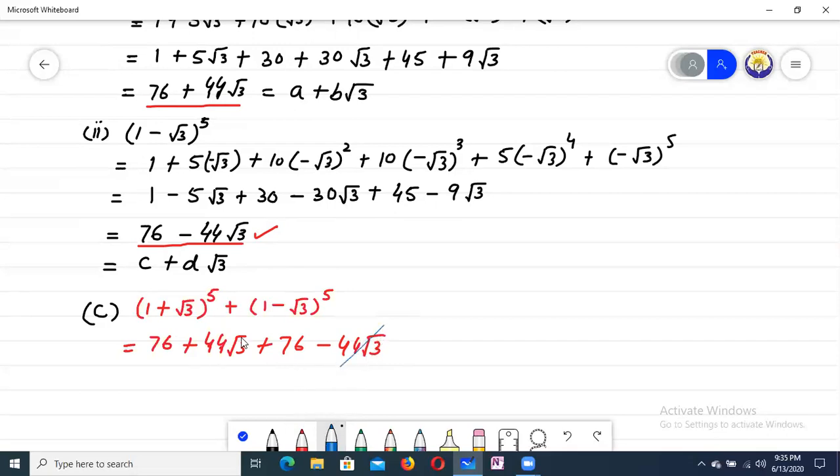As this negative and positive can cancel with each other, then 76 and 76 will be 152. This will be the answer.